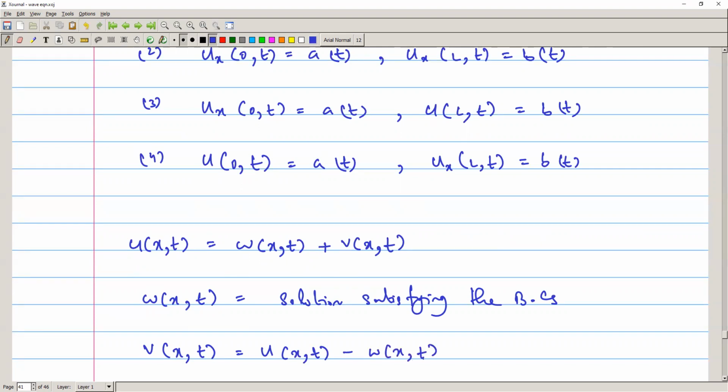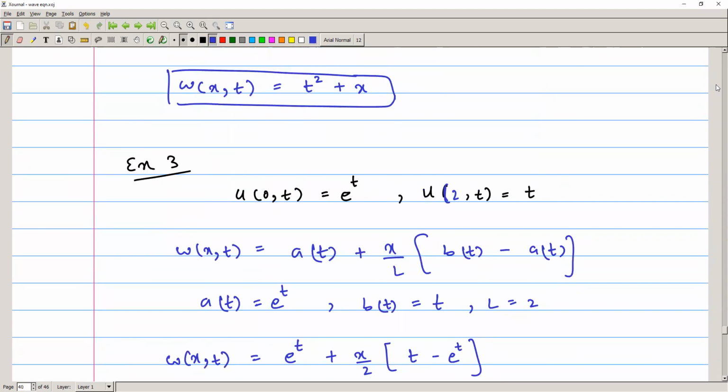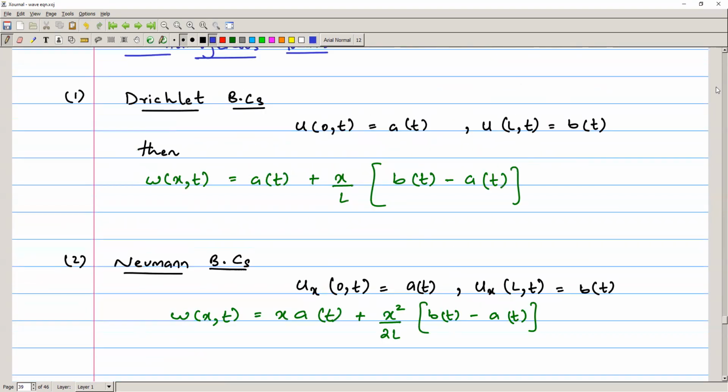So in this way, we split the problem into two parts to solve for w and v.